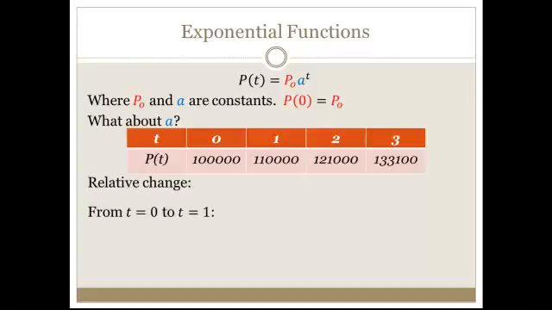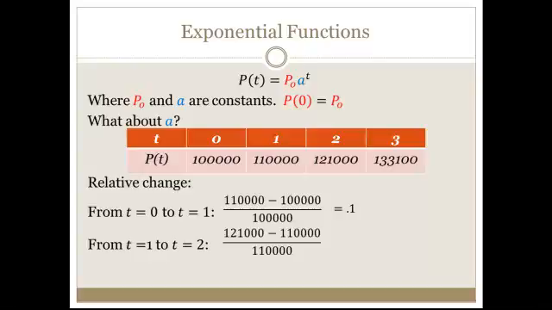Our relative change from t equals 0 to t equals 1 can be found as our change in p over p, which is 110,000 minus 100,000 over 100,000, which simplifies to 10,000 over 100,000, or 0.1. Our relative change from t equals 1 to t equals 2 is 121,000 minus 110,000 over our original p on that time interval, which is 110,000.